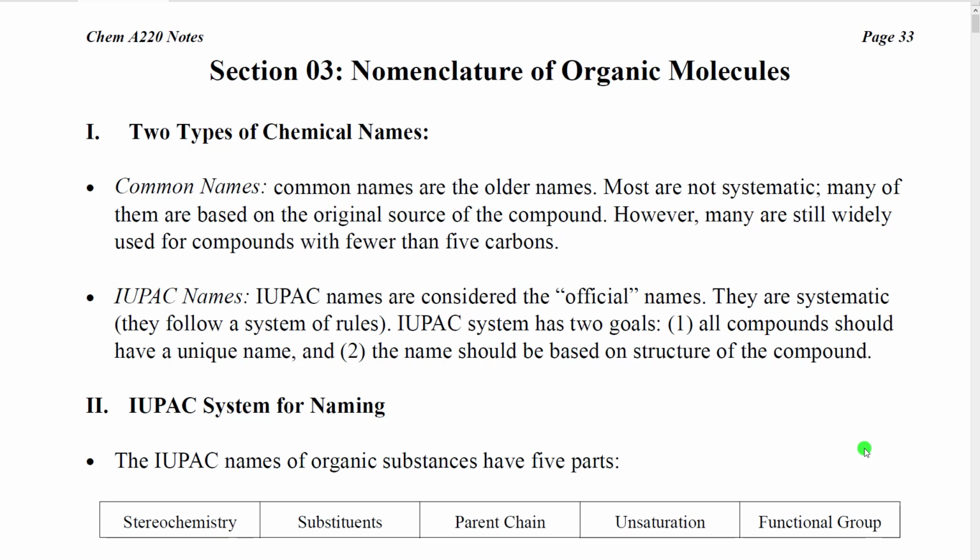In other words, it would have a system of rules, and furthermore, they wanted all compounds, all substances to have a unique name so that you wouldn't accidentally grab one substance instead of the other based on a name. And finally, they wanted the name to be based on the structure of the molecule, of the compound, so that you could look at the structure and you would know what it was called.